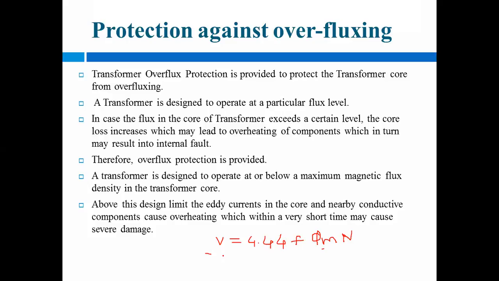V is the RMS value of voltage, 4.44 is a constant, f is the supply frequency, phi m is the maximum flux, and N is the number of turns of the winding.